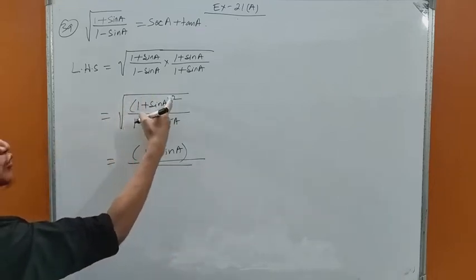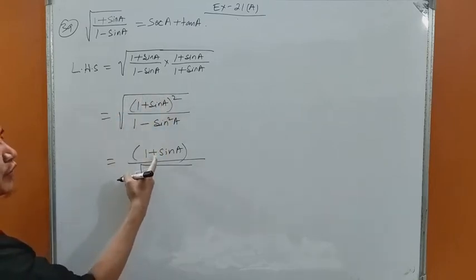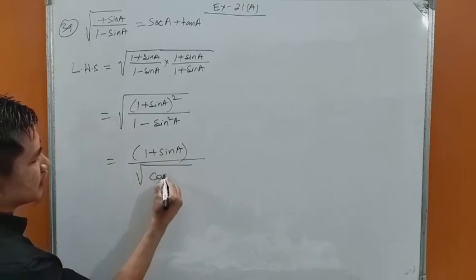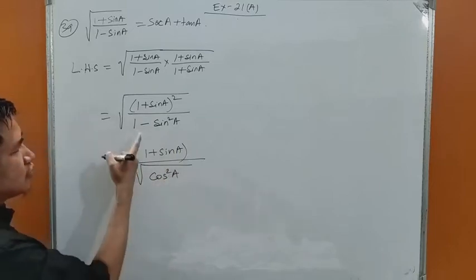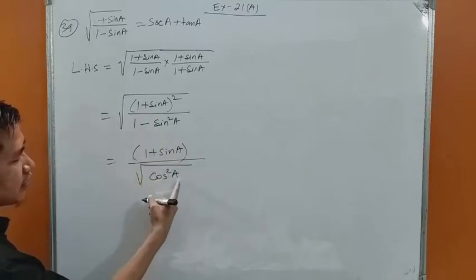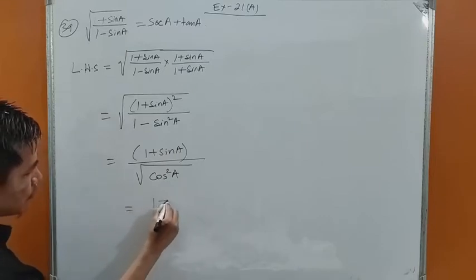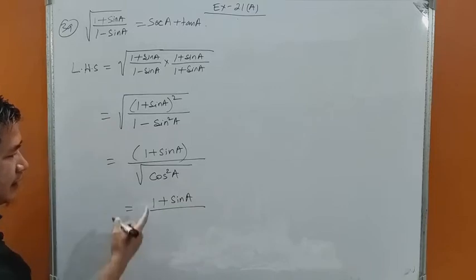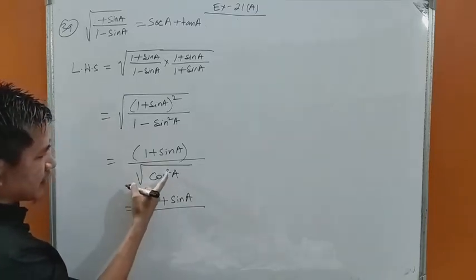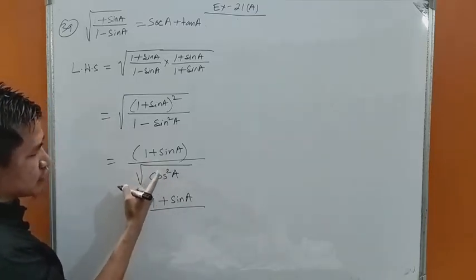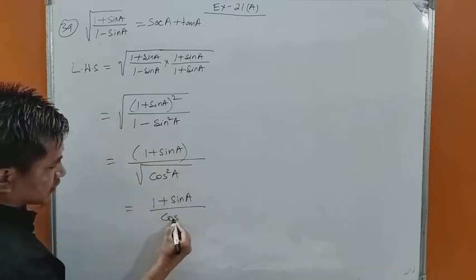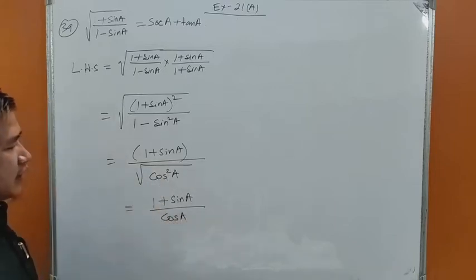Here we have square, so this root is freed from the numerator, and in the denominator 1 minus sin square A means cos square A. So 1 plus sin A is in the numerator, and in the denominator we have cos square A. Now we have square and this root, so this cos square A can be freed, so cos A remains without root. This square and this root gets cancelled.